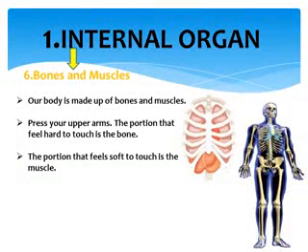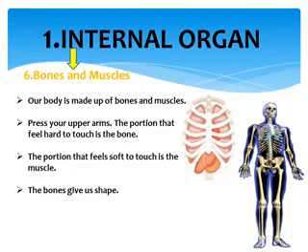The portion that feels soft to touch is the muscle. If you press your upper arm and feel it is very soft, it is muscle. But if you feel it is hard, what is it? It is a bone.